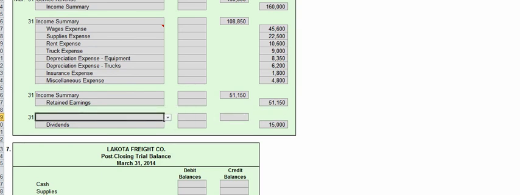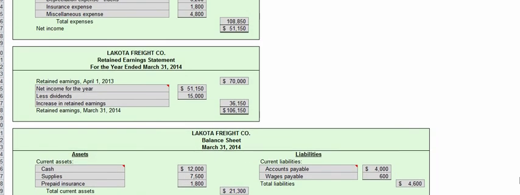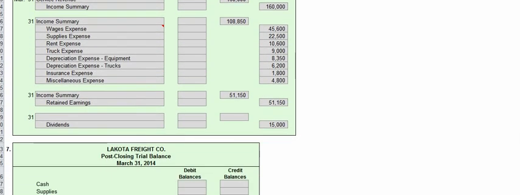Okay, now what are we going to debit? Well, it's the account that gets decreased by dividends at the end of the year. Let's look back up here. Retained earnings gets decreased by dividends at the end of the year. The retained earnings account decreases on the debit side.